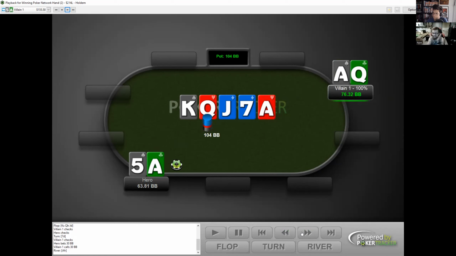It's so bad. You're just getting called by sets and two pairs, and maybe once in a blue moon I have like ace five offsuit or something. It's so bad to donk the river. With his hand, it's not bad to donk jam the river. He's got a bunch of tens, but this is just terrible, man.